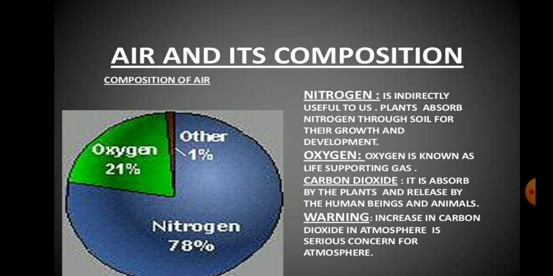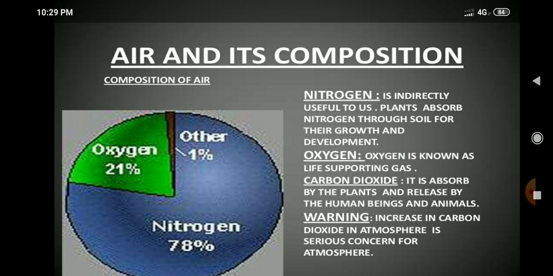However, this balance is upset or disturbed by burning of fuels such as coal and oil, which result in an increased volume of carbon dioxide that is affecting the earth, weather, and climate. So, the increase in carbon dioxide in the atmosphere is a serious concern for every one of us. So, we need to reduce this concentration of carbon dioxide more than the amount we need.